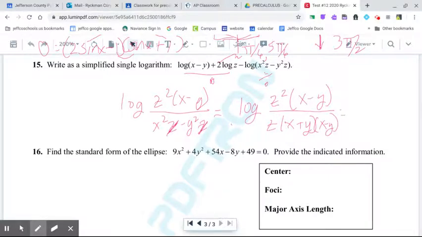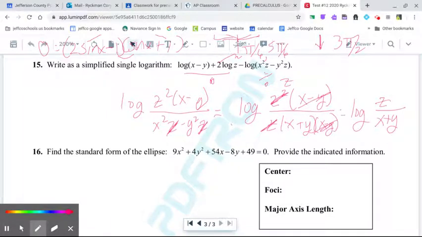So if I divide out a z, divide out an x minus y, my final simplified answer is log of z over x plus y. All right, that's as simplified as you can get into a single logarithm.